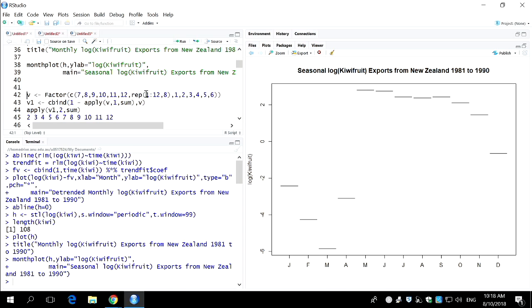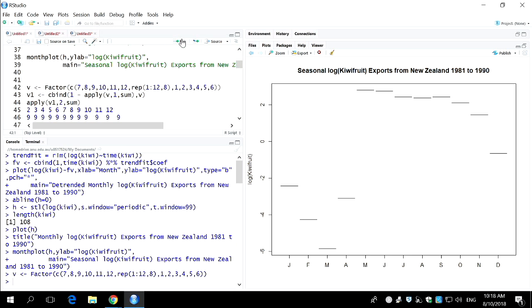Then you've got 8 full years of data, so 8 replications of January through December, so 1 through 12 repeated 8 times, and then it finishes 1, 2, 3, 4, 5, 6, the first half of that 13th year. So you set up your seasonal factor like that.